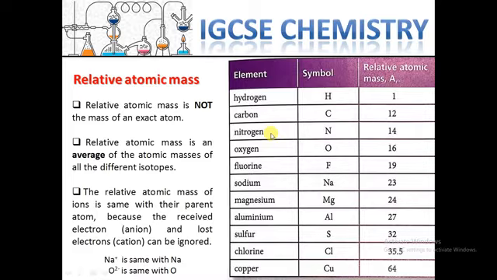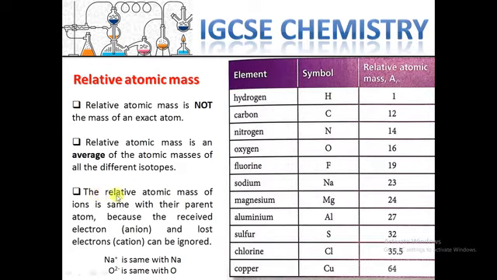Each isotope has its own mass number, so for each atom those numbers were averaged. So we have one unique number for each atom.